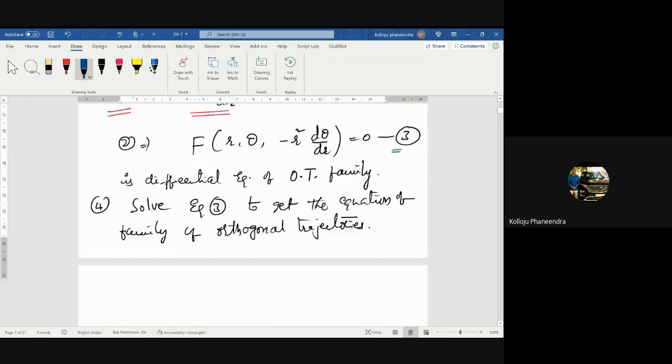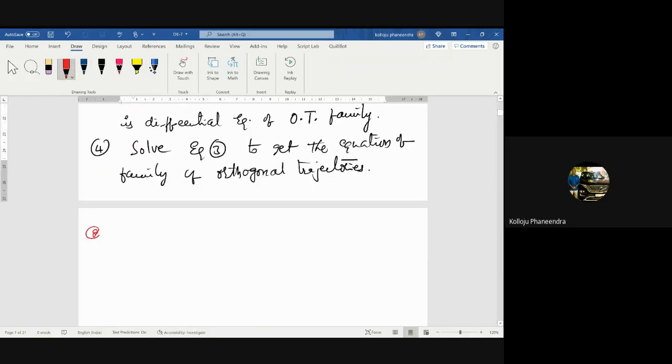Let us solve one problem in polar coordinates. Find the orthogonal trajectories of the family of curves r equal to c into secant theta plus tan theta.